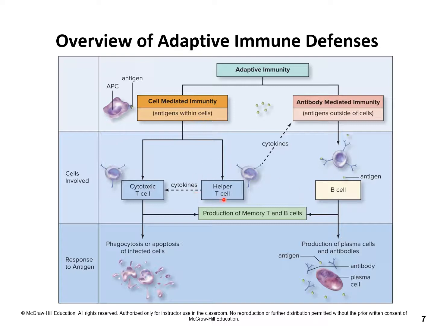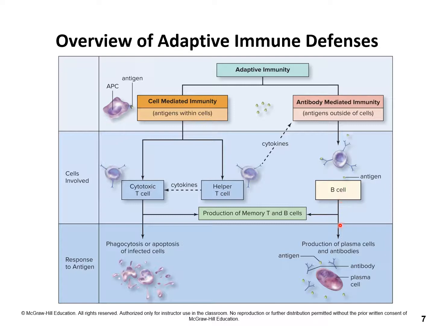Whatever antigen is encountered here, it will send signals to the antibody-mediated immune system and trigger the B cells to make antibodies. These B cells now are going to make antibodies against the antigen that was encountered by the helper T cell.